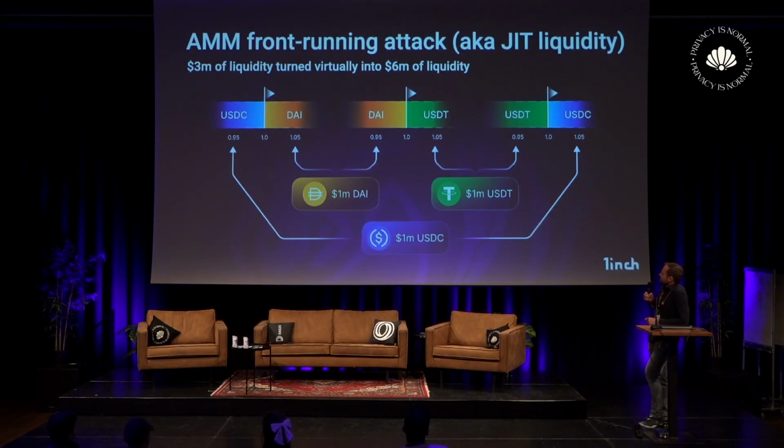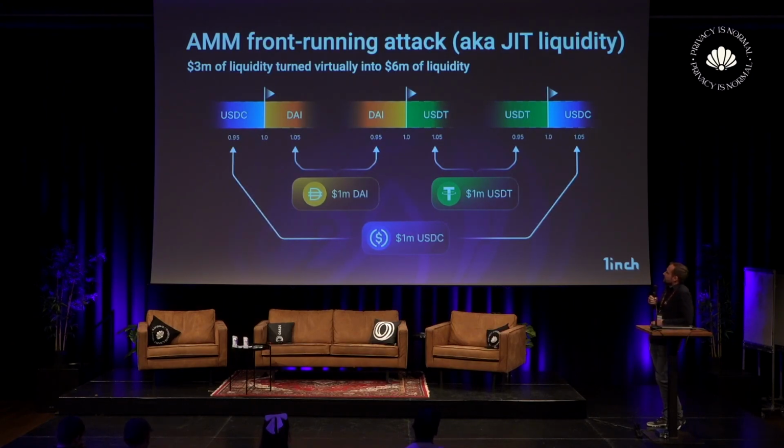So you see, it's like Uniswap version 2 or something like that. If you have liquidity of 2 million in each pool before a huge swap, you will have virtually 6 million. But if you have more assets involved, this coefficient is even more crazy.